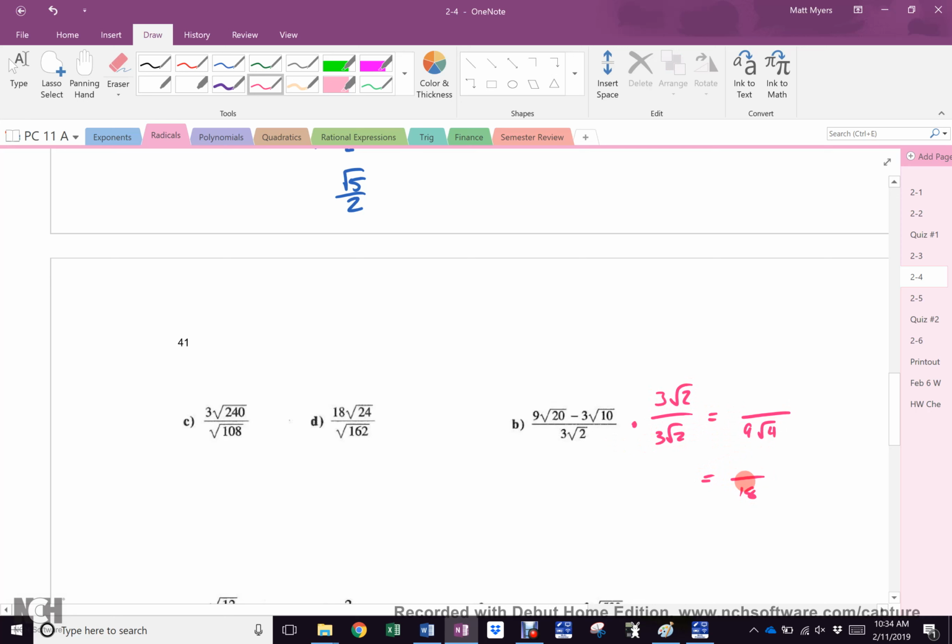You can do that, but it makes you do an extra step. Because the only thing that bothers us down there is the root 2, not the 3. 3 can be in the denominator. Right? This is okay.